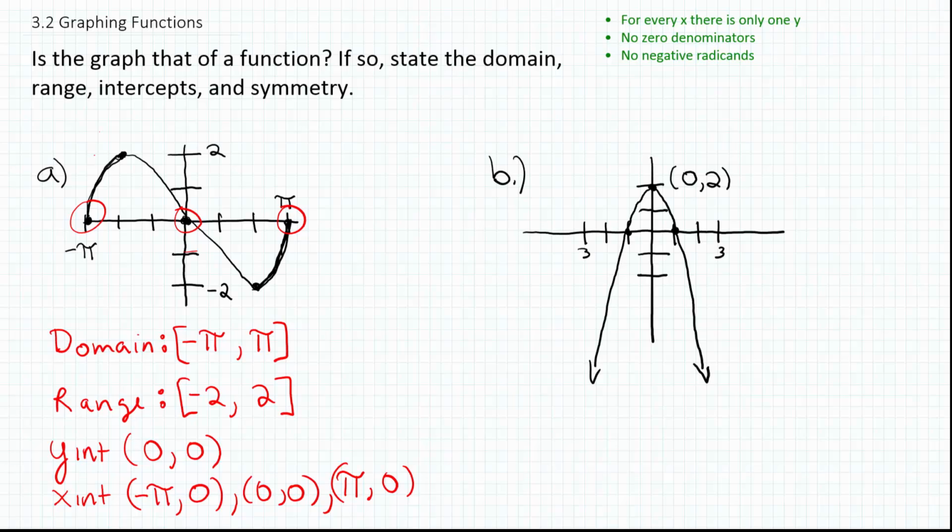And lastly, there's the question of symmetry. For symmetry, it's actually a visual thing. We can check to see that there's no x-axis symmetry because notice how there's no corresponding point over here. If I folded the graph over across the x-axis, this point here would not be replicated over here. So that means that there is no x-axis symmetry.